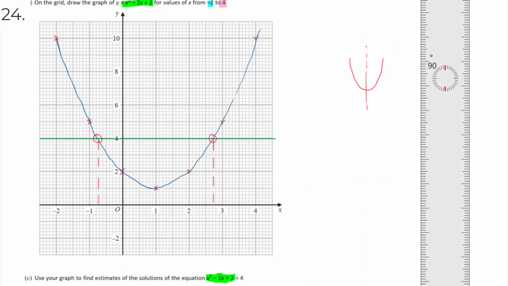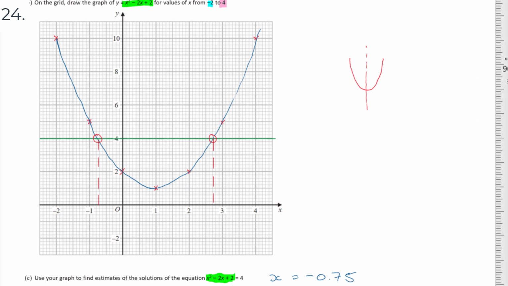So you can see the one on the left is kind of between -0.7 and -0.8. So I'm going to say it's -0.75, so x equals -0.75. And on the other end, I think that one is at 2.7.